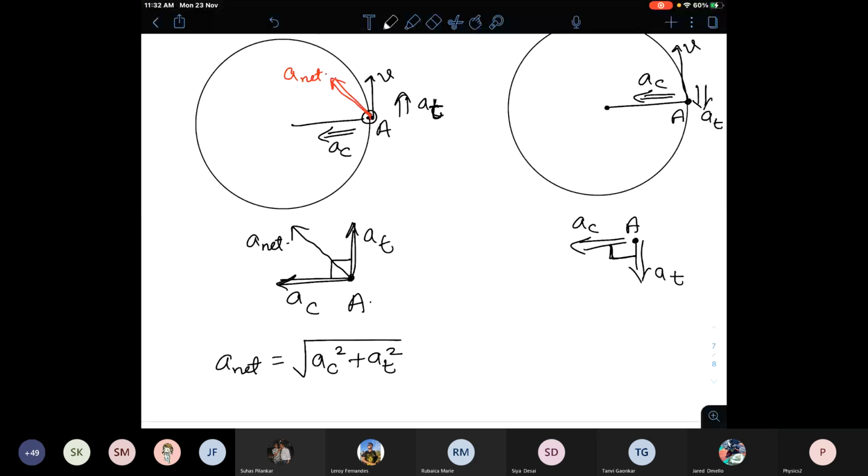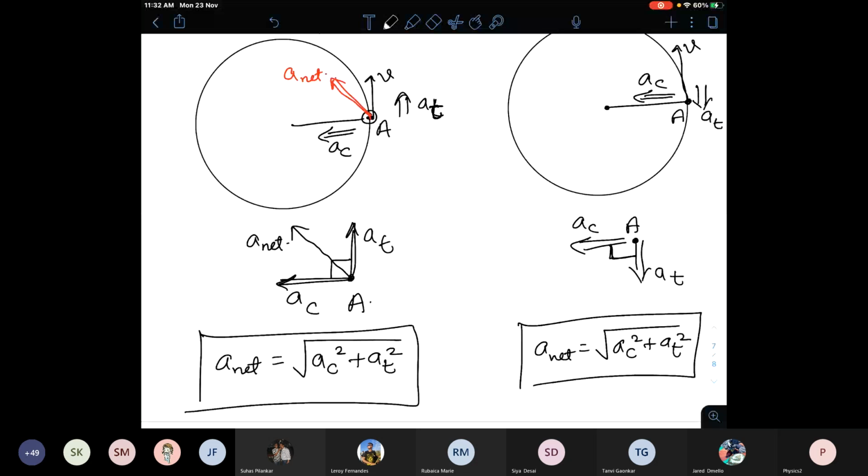But still A net will be under root of A centripetal square plus A tangential square only, no doubt in that. So for non-uniform circular motion, net acceleration has this formula. But the net acceleration's direction will be like this.